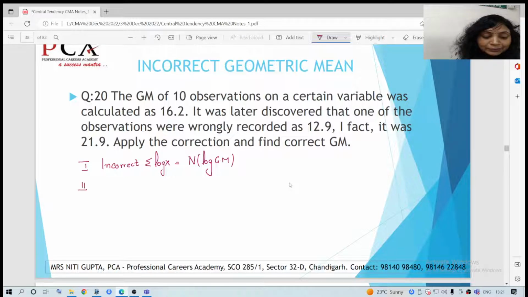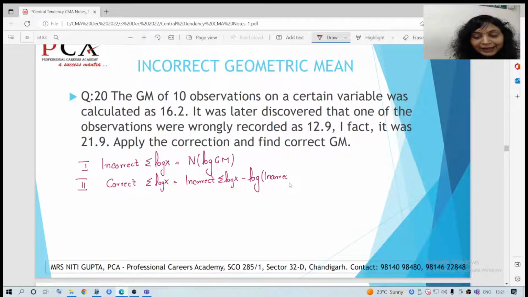Second step, you have to find out correct summation log x. For that you have already found out incorrect summation log x. So from incorrect summation log x, you have to subtract the log of incorrect item and you have to add the log of correct item.